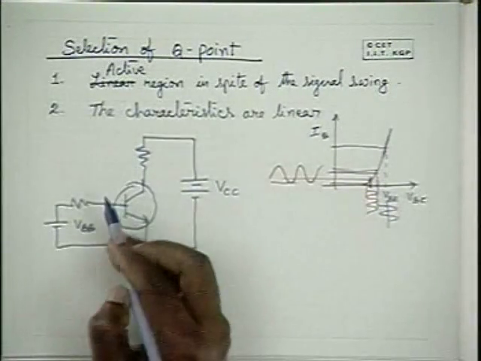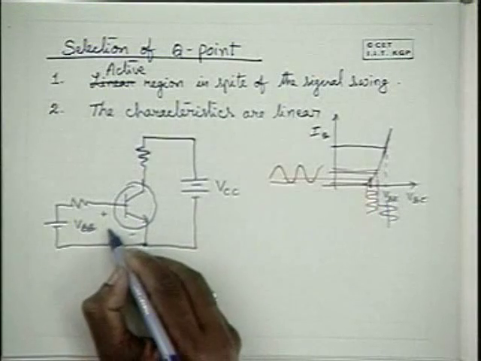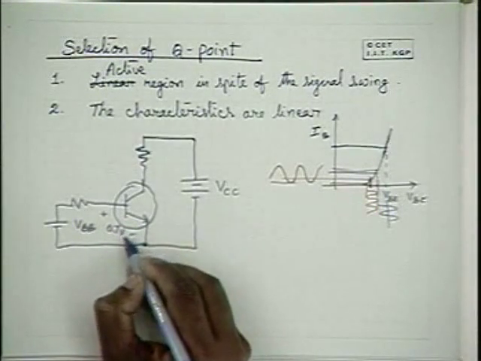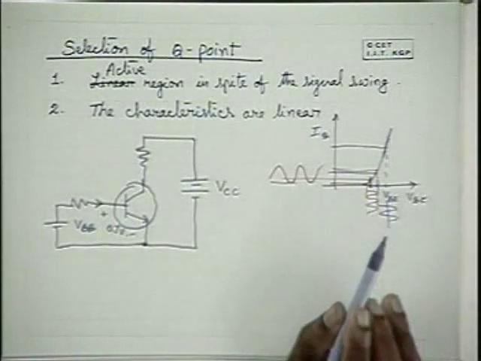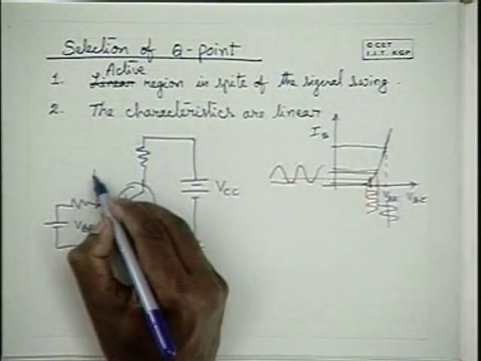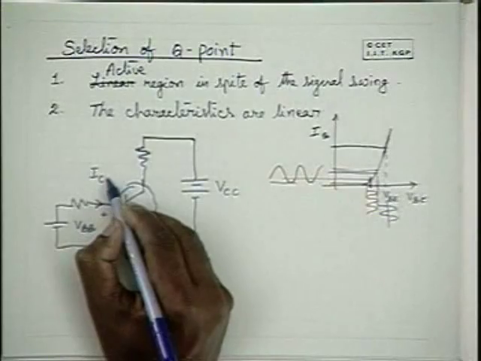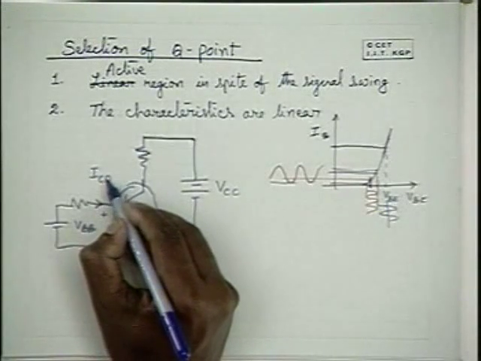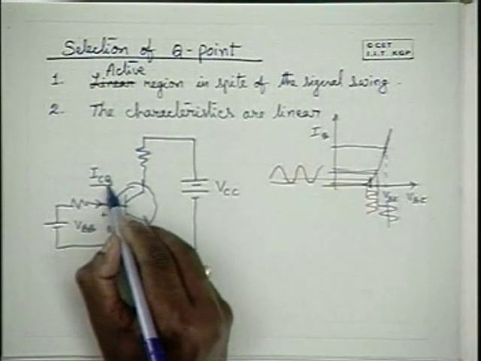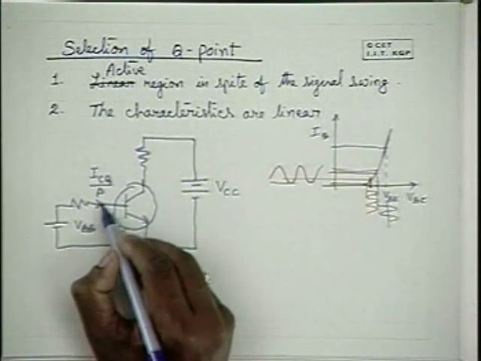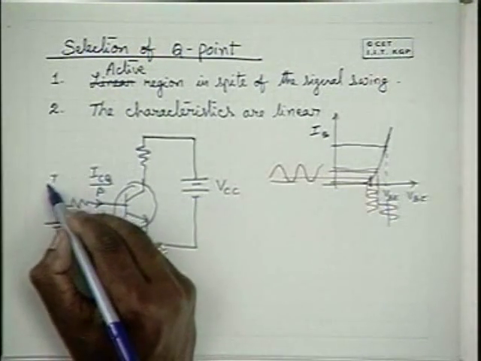What are the requirements? I repeat, the requirement is that VBE should be about 0.7 volts. The base current should be set by the required quiescent collector current, ICQ. Q indicates the quiescent current. ICQ divided by beta is the IBQ.